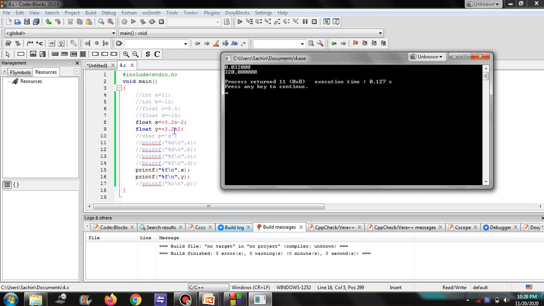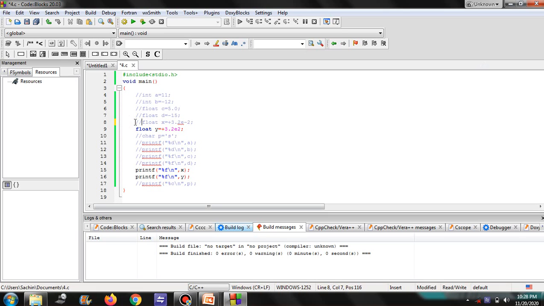That means we are multiplying 3.2 by 100, and as you know the basic mathematical concept, if we are multiplying any value by 100, the decimal point moves here for the first zero, that means it becomes 32, and as there is one zero left, it attaches to this, that becomes 320. So this value is nothing but 320, and as it is a floating point number, it looks like this one. Fine, so I'm going to hide this as well.